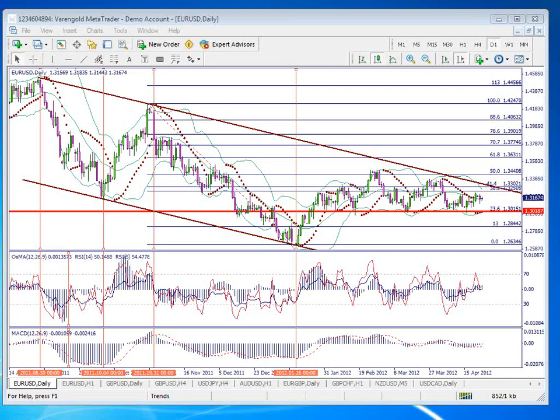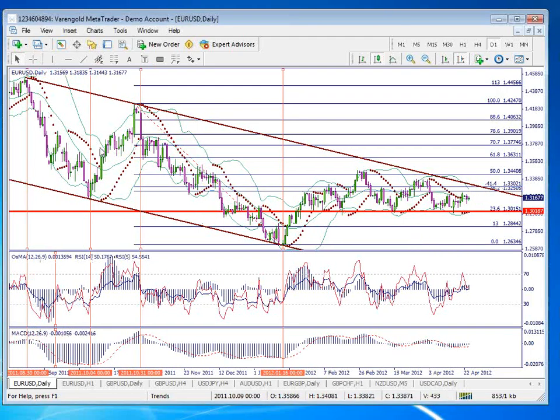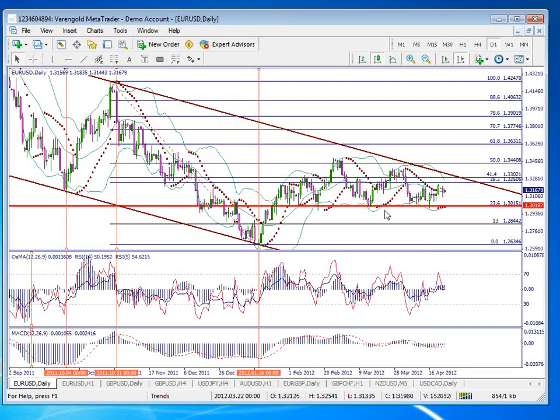Okay, could that triangle be viewed as a continuation pattern? From the cycle Elliott wave theory for the cycle of the pairs, we can see that triangle as a continuation pattern.